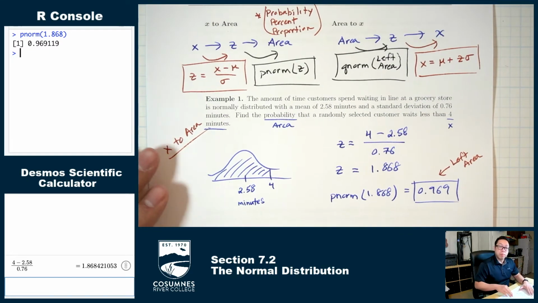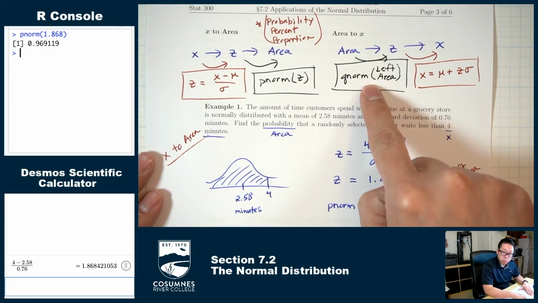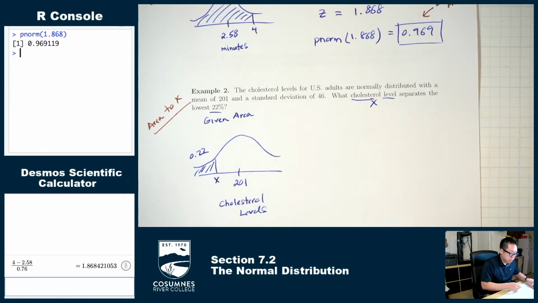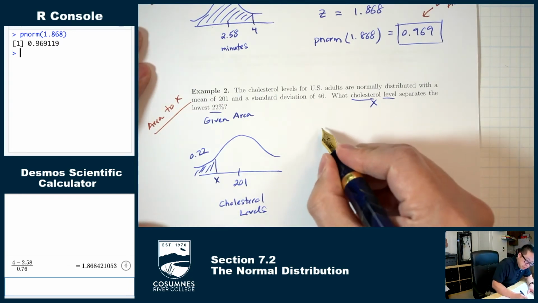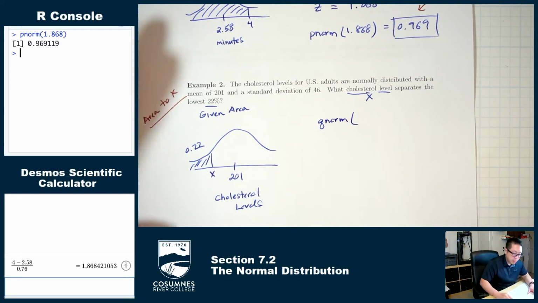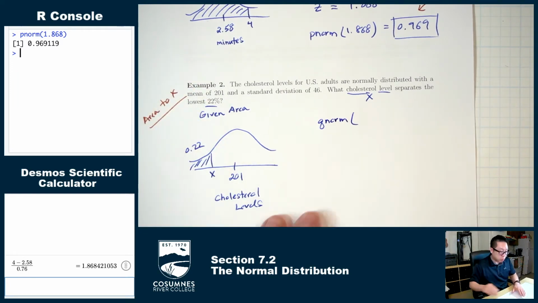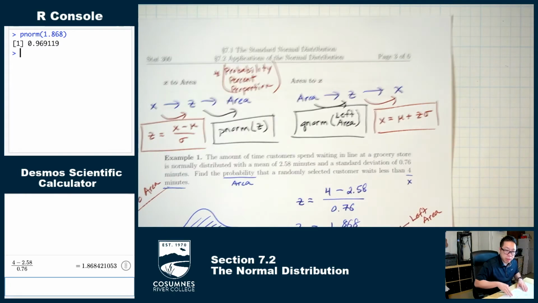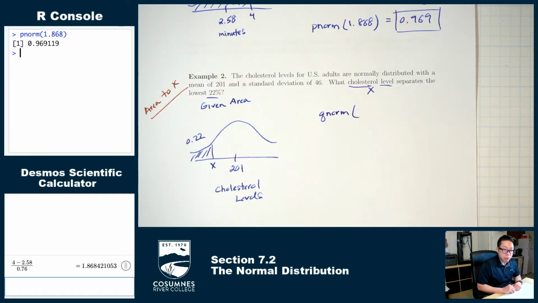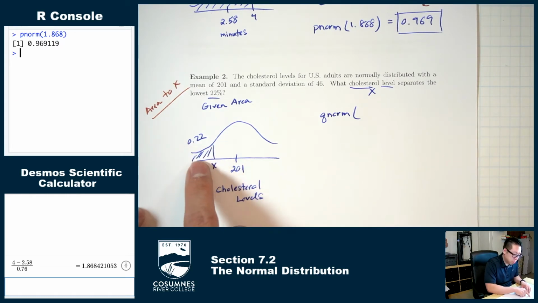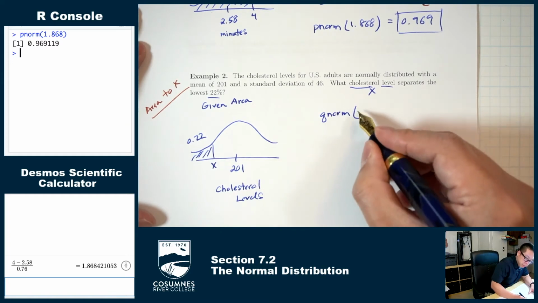This workflow is telling me that first thing I need to do is qnorm, and then I need to do this equation. So first thing I need to do is qnorm. Now, the way qnorm works is you feed it the left area of your picture. Okay? What is the left area of this picture? It's 0.22, right? So 0.22 refers to the shaded area, and that is a left area. So we're going to feed it 0.22.